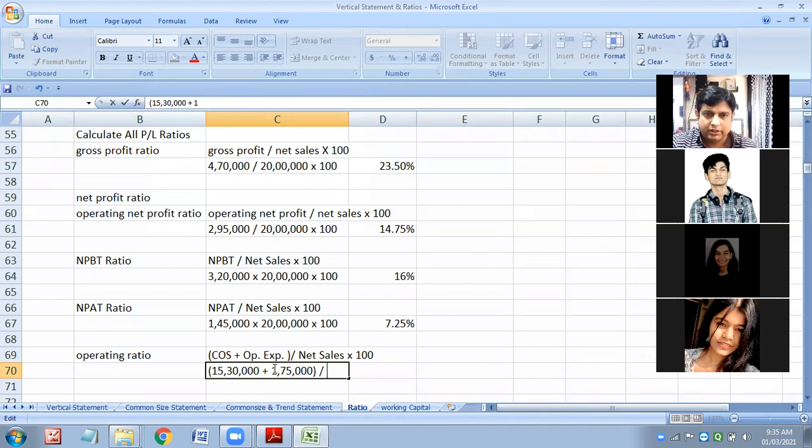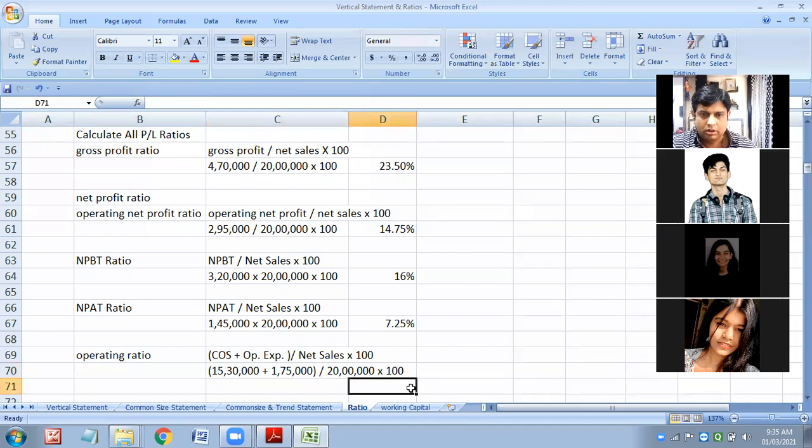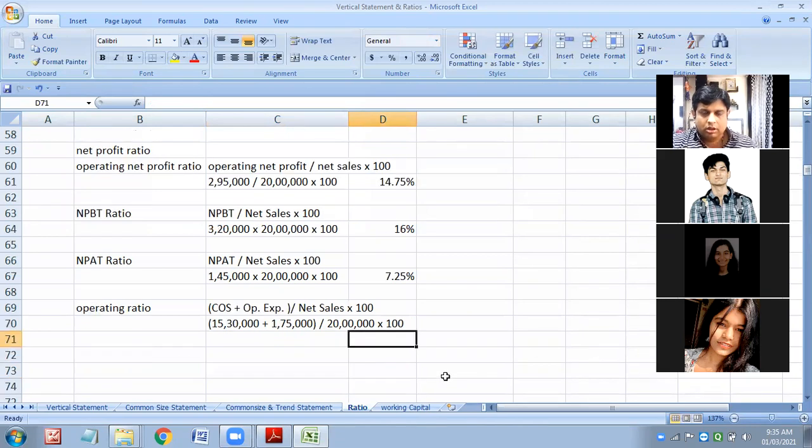Divide by net sales, 20 lakhs, into 100. How much are you getting? 55.25. This is my operating ratio.